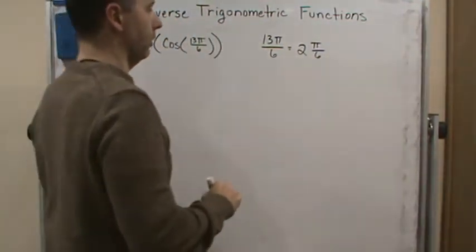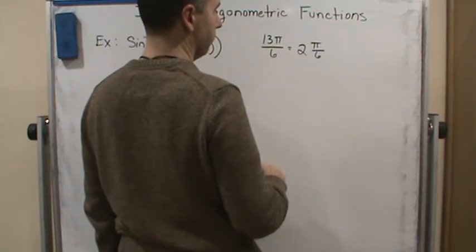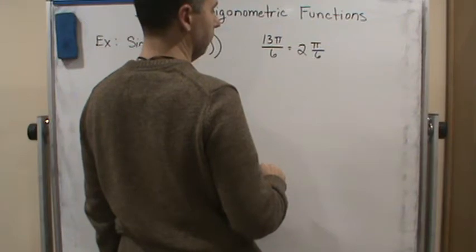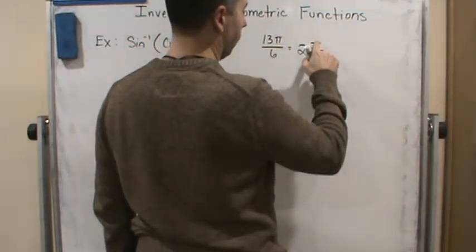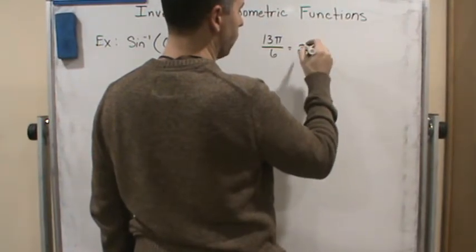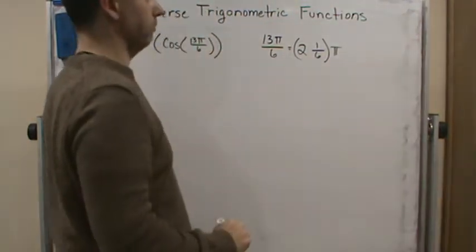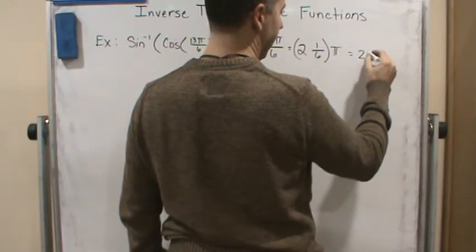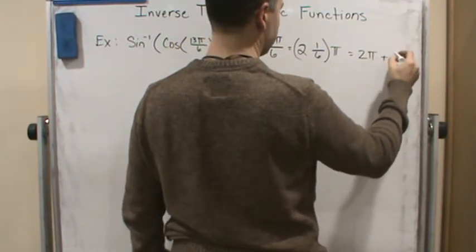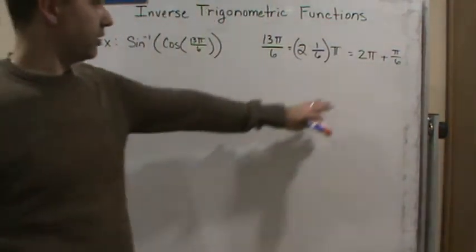That's the same as 2 pi plus pi over 6. Well, 2 pi is one revolution.